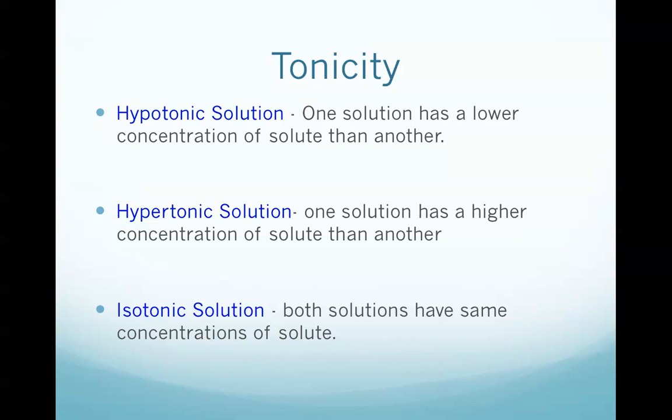And when you're thinking of a solution, it doesn't necessarily have to mean a jar of water with Kool-Aid. It could mean something inside of our body, such as a cell in the environment that the cell is in, as you observed in the osmosis lab. We'll talk about that later.